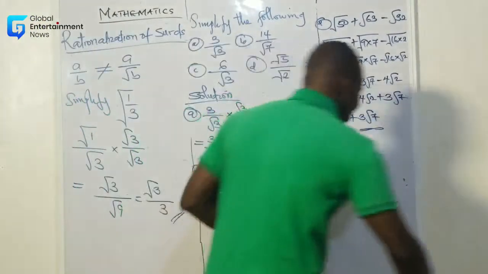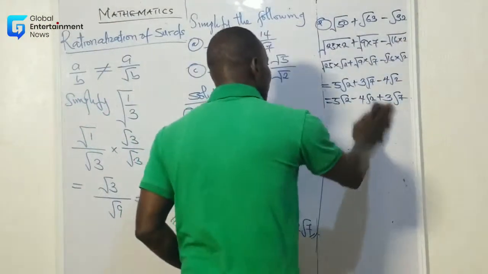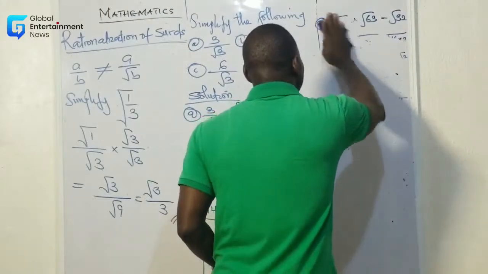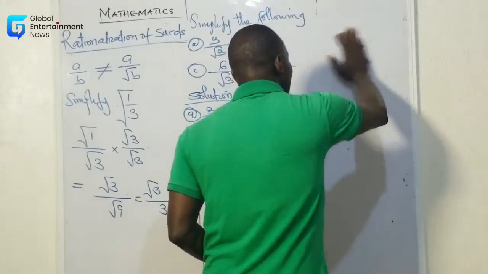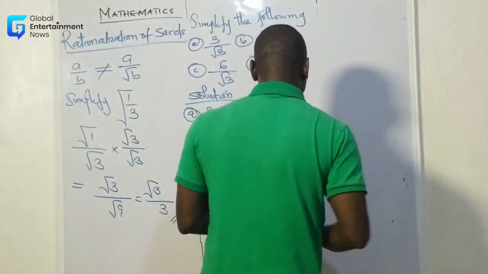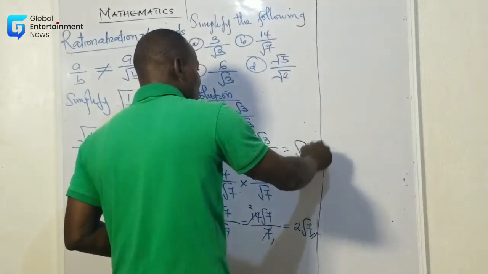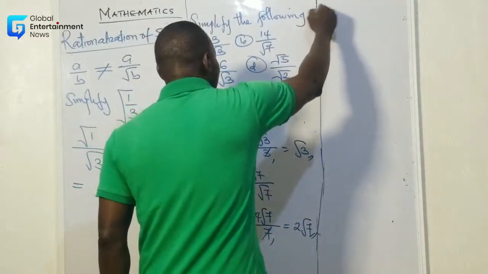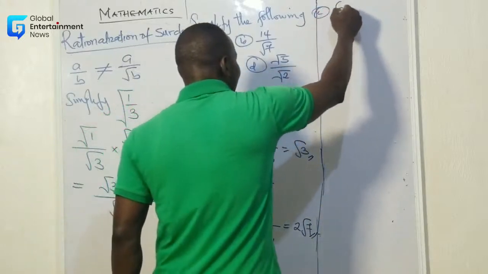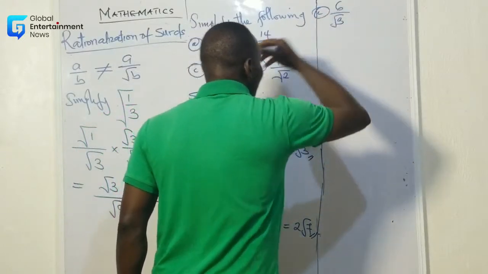Then the third one, the C part, we have 6 over root 3.